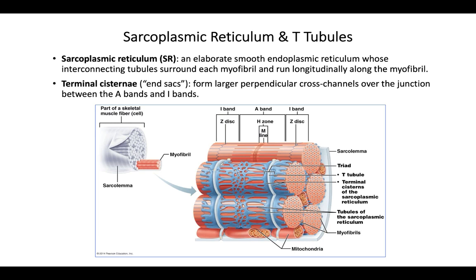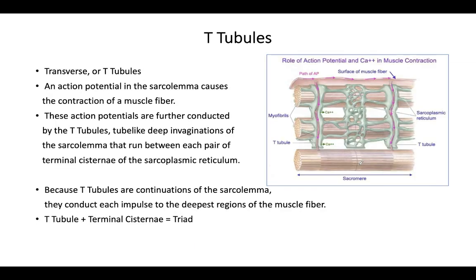The terminal cisternae is part of the sarcoplasmic reticulum, enlarged around the T-tubule. Here's the terminal cisterna and here's the T-tubule, and all these together we call a triad. T means transverse tubule.